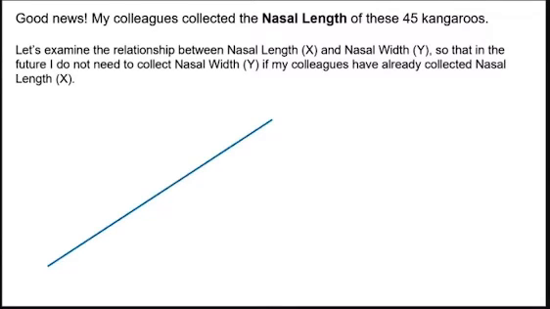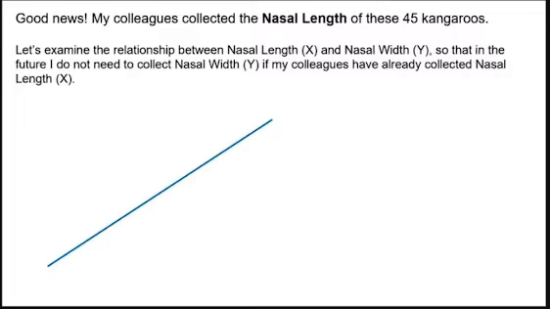Now, as we have the NASA weight of 45 kangaroos, we also have the NASA length of 45 kangaroos, and of course we call the NASA weight Y, and we call the NASA length X.